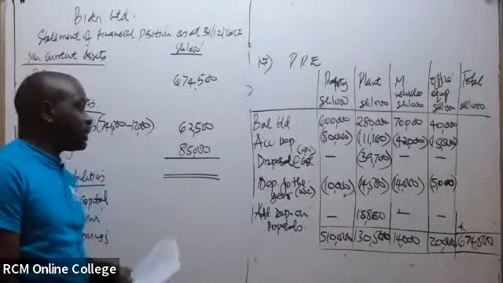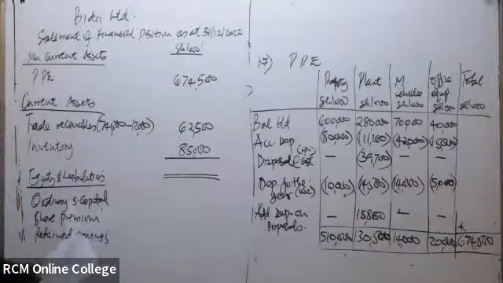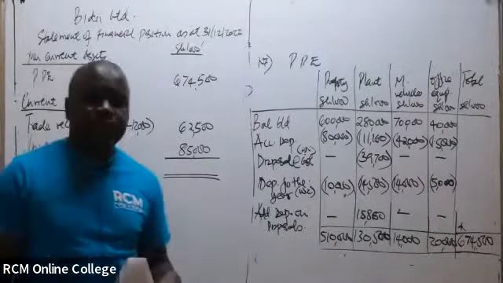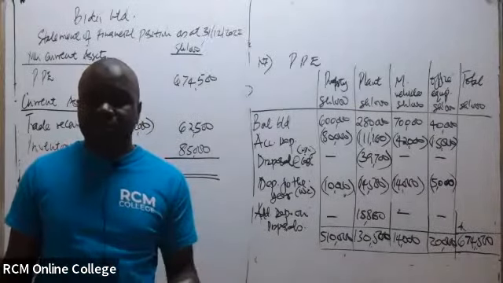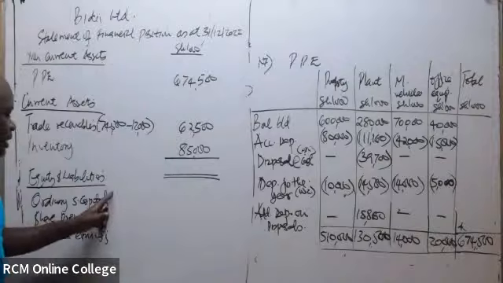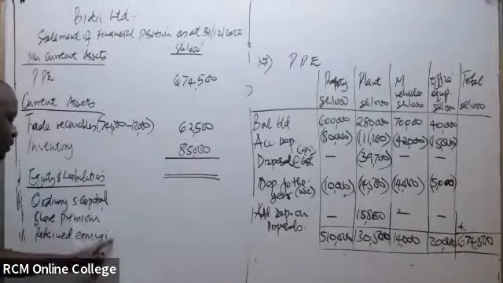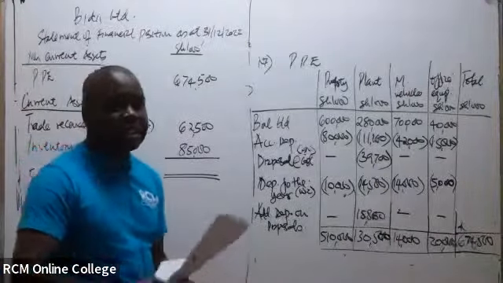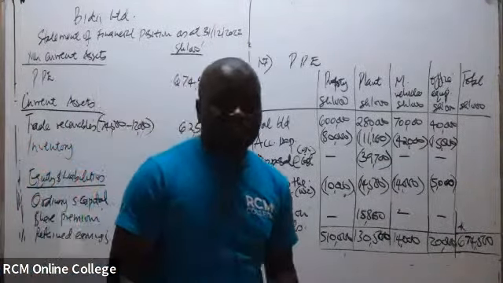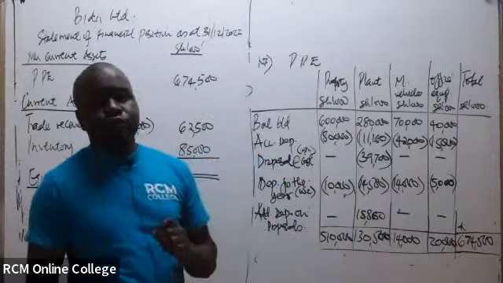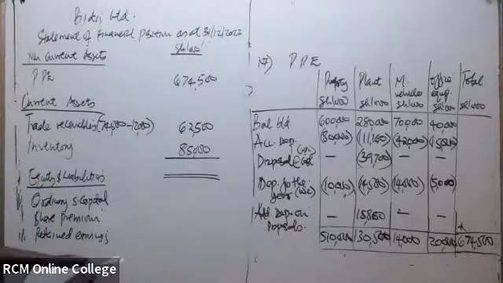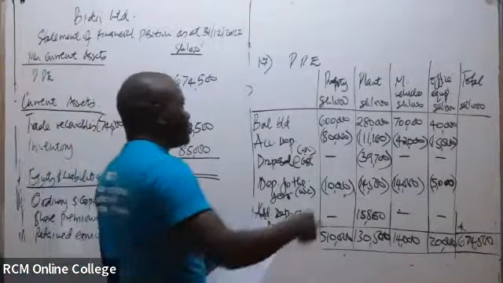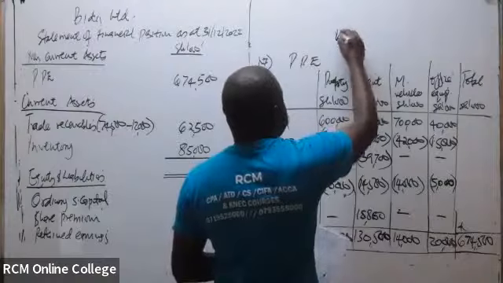So take notes. If the examiner hasn't told you to prepare a statement of changes in equity, you have no option, you'll have to prepare it as part of your workings, because you need to place here the balances of these equity elements by the end of the year, and maybe during the year they might have changed. So in this case, that will be your working number 8.